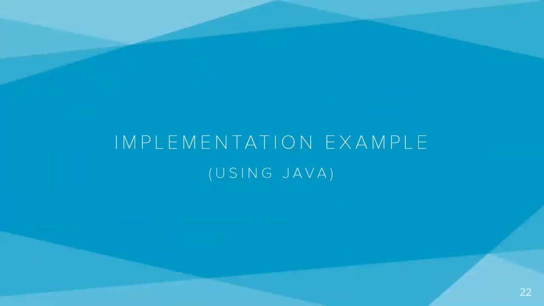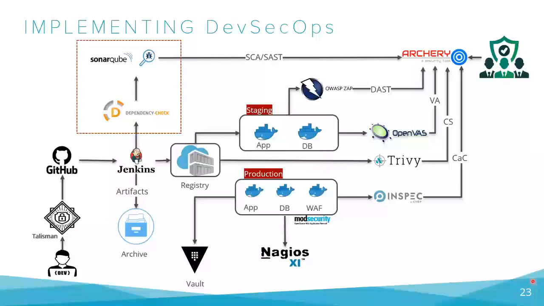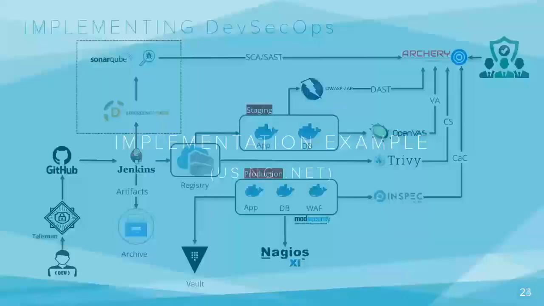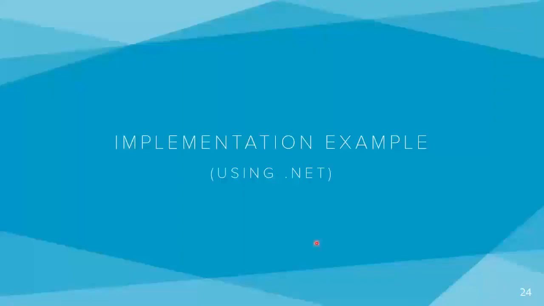We will see an implementation example using Java. In the static analysis for Java, we have Dependency Check for SCA and SonarQube for SAST. Another example using .NET.